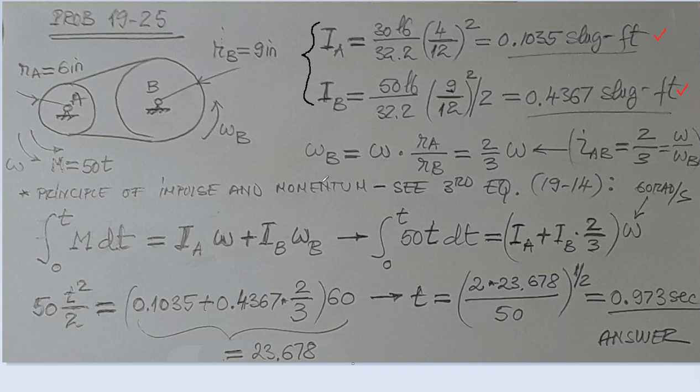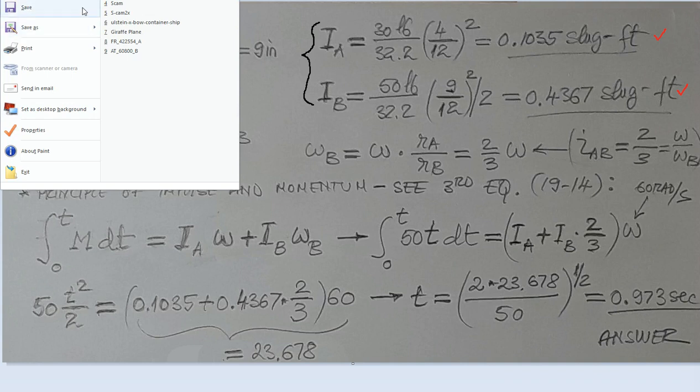And then the equation that I used earlier, stated here: transmission ratio 2/3. It's input omega A over omega B. So principle of impulse and momentum.